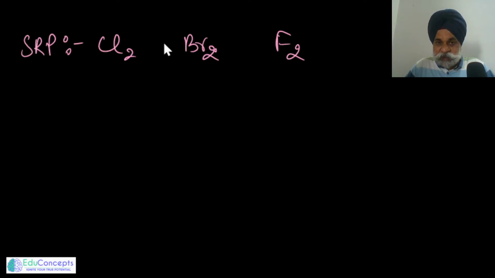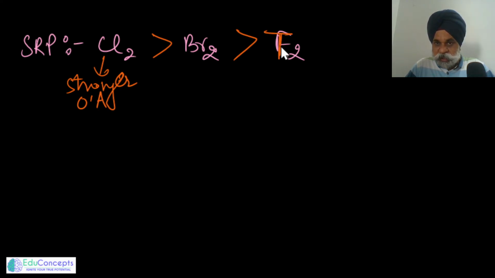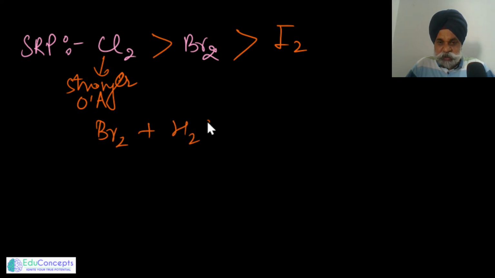If I talk of SRP, obviously chlorine is a stronger oxidizing agent as compared to iodine. Okay, fair enough. Now if I treat bromine with H2S, what shall I be getting? 2HBr, and sulfur gets precipitated like this.